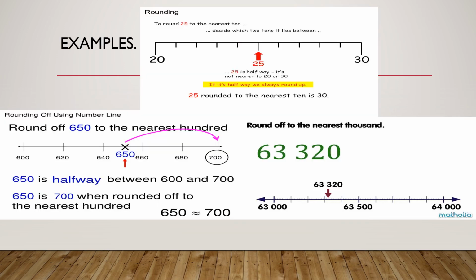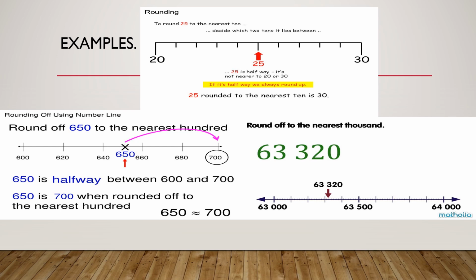There are a few examples of rounding off numbers to the nearest 10, 100 and 1000. 25 is a number, and on the number line it is between 20 and 30. So 25 is halfway between 20 and 30. When we round off 25, we will move to the next 10, which will be 30.